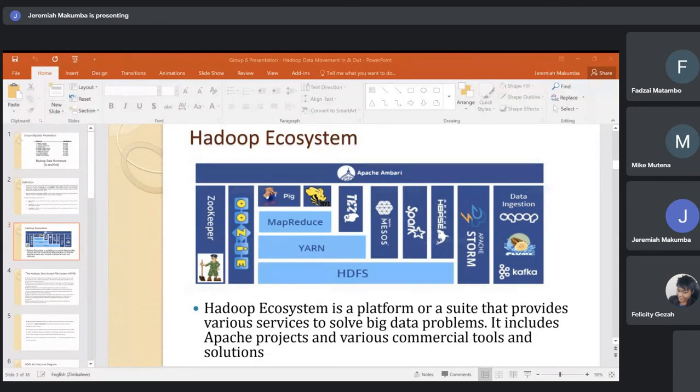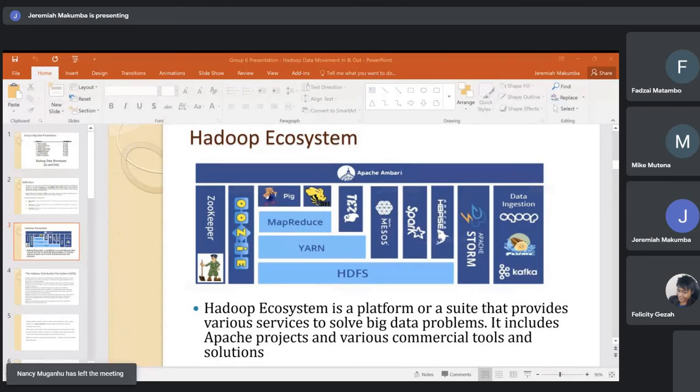Okay, thank you so much, Fadzi and Oxy. I'll share a bit of my understanding of the ecosystem. If you look at those three parts, the HDFS, YARN, and MapReduce, those are the main components of the Hadoop file system. Then the others are additions onto the file system, working differently.